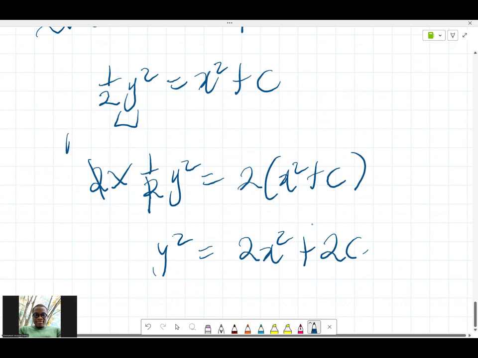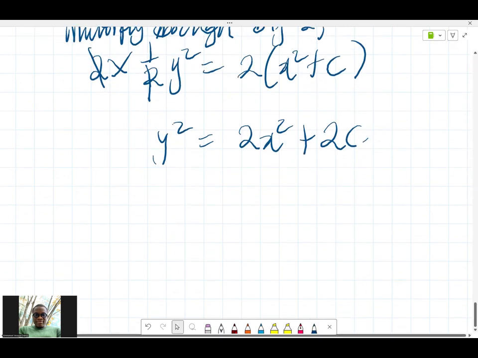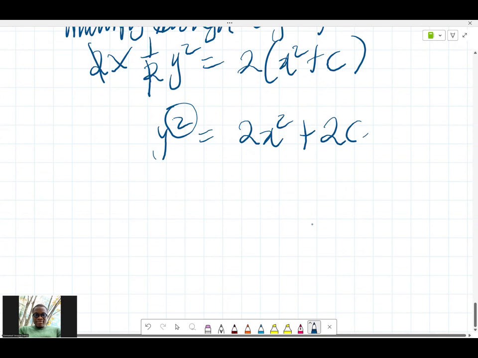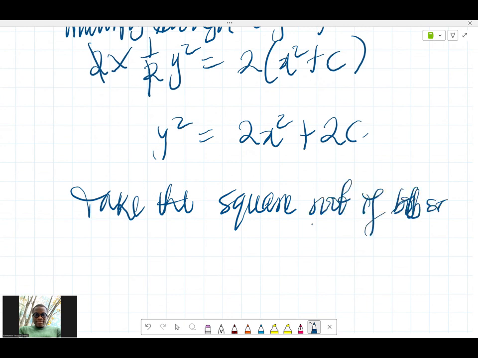What we have done here is multiply through by 2 to remove the fraction, and then the next thing is the power. To remove the power 2, we have to take square roots of both sides.